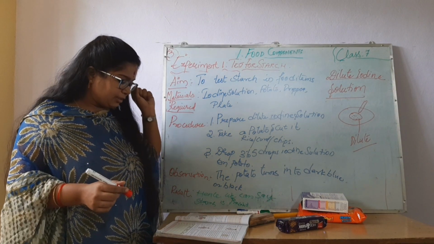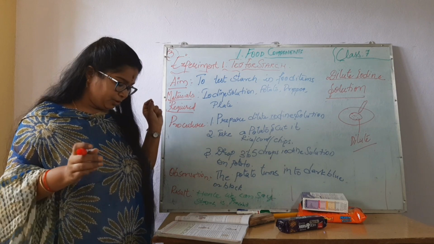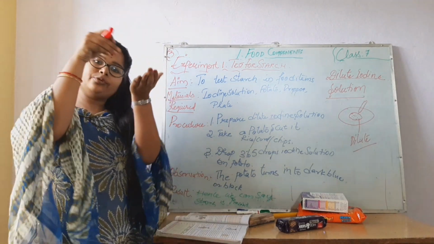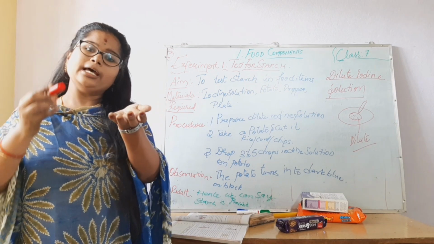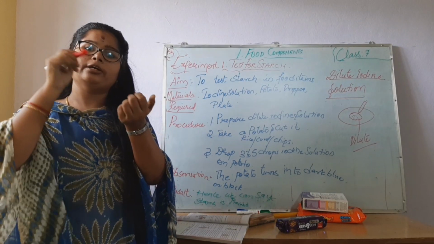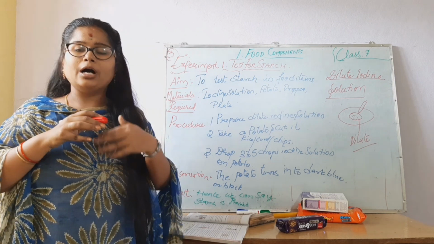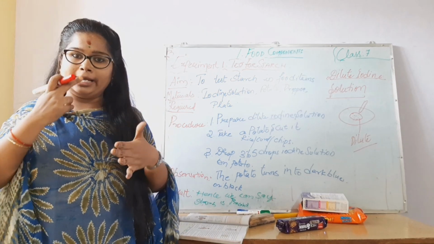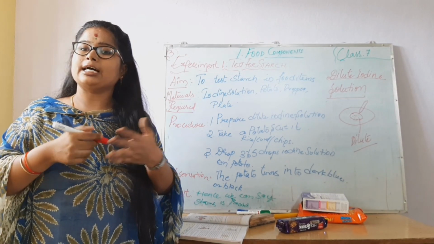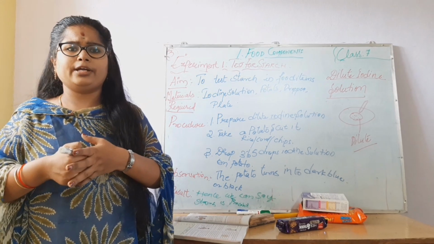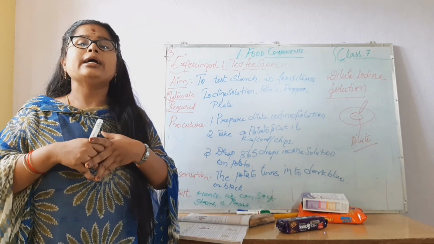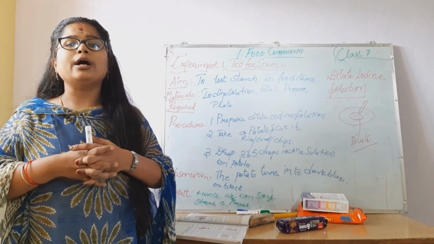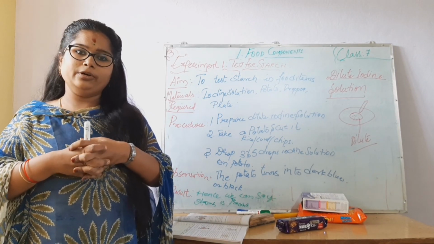Next, take a sample of the food item you want to test, for example rice in a bowl, and add 2 to 3 drops of iodine solution. If it becomes blue, dark blue or black, it shows that it has starch. If it does not turn blue or black, it means there is no starch in that food item.